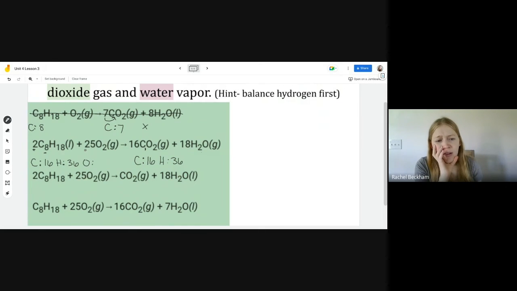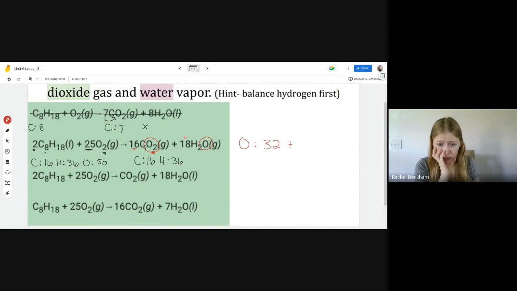On the left-hand side, I have 25 times 2, or 50 O's. Wow, that's a lot of O's. On this side, you have to be careful because I have oxygens here and oxygens here, and they need to be added together. So this 16 multiplies times that 2. So what's 16 times 2? 32 O's, right?